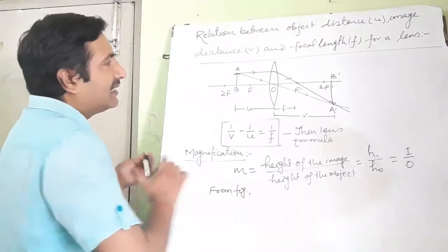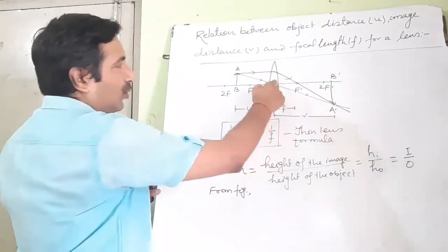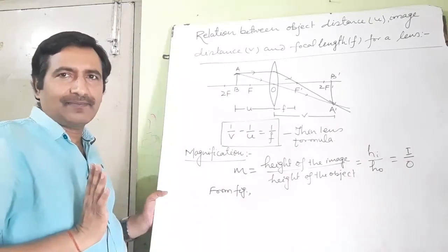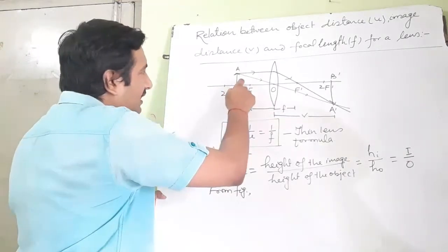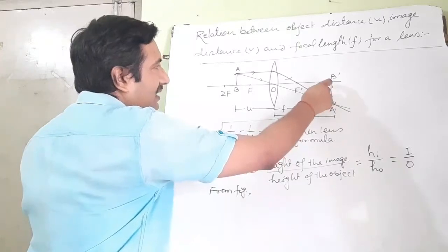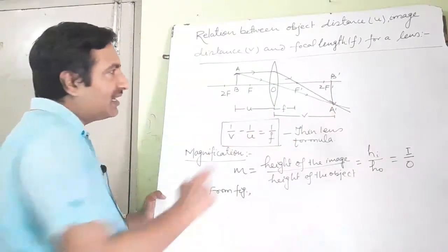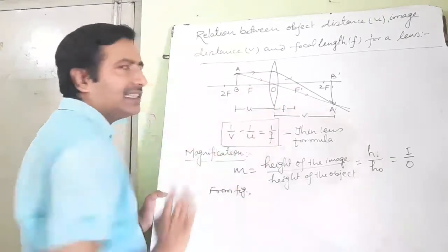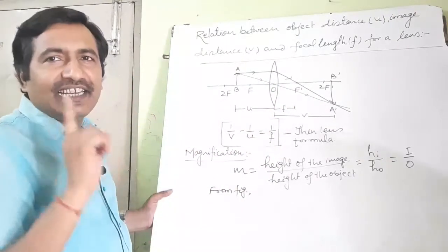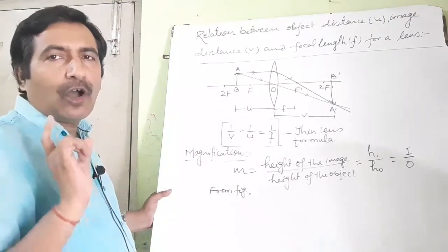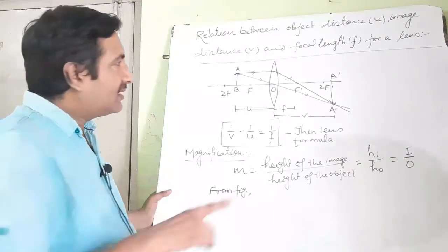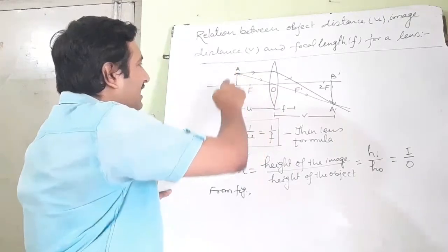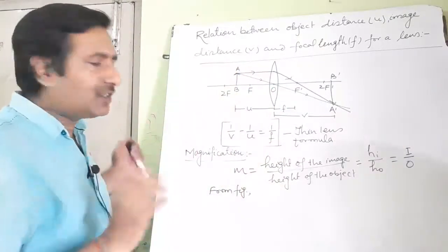that A dash B dash O and ABO both are right triangles. So these angles are 90 degree and they are equal to each other. These two are vertically opposite angles, so they are equal. Hence by AA criterion of similarity, triangle A dash B dash O and triangle ABO are similar to each other.